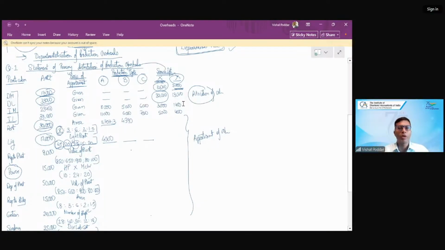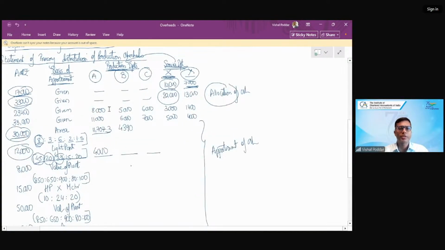Now for allocation, you already know the expenses for each department separately. You simply put the expense in the respective column, which means you are allocating the expense to the respective department. That is allocation of overheads.